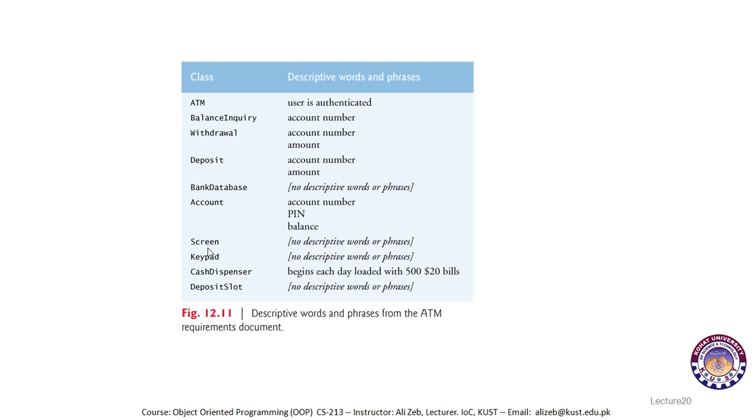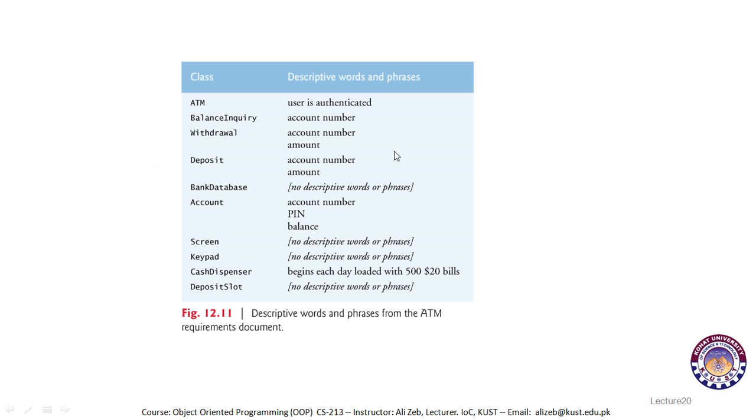So for example, what do we do in the ATM? User is authenticated, a descriptive word. These were the words that we used for the ATM machine. In the balance inquiry there was the account number. For the withdrawal, we needed the account number and the amount that we needed to withdraw. For the deposit, we needed the account number and the amount that we needed to deposit. Now we can see there are some common details that all of these three classes are storing.